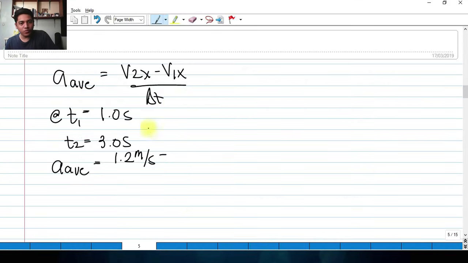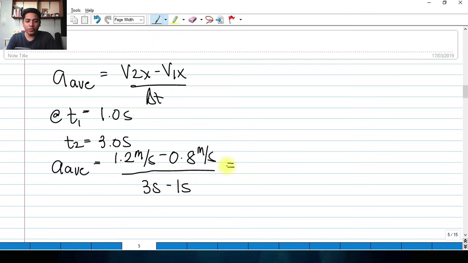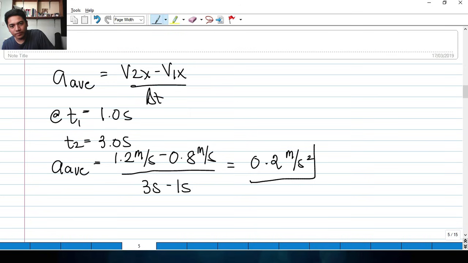So 1.2 minus 0.8 meters per second divided by 3 seconds minus 1 second, that is 1.2 minus 0.8 divided by 2, because 3 minus 1 is 2, that is 0.2 meters per second squared. So that is for letter A.